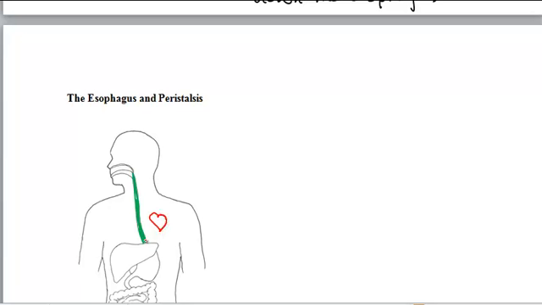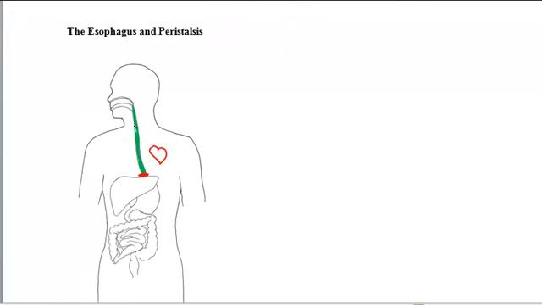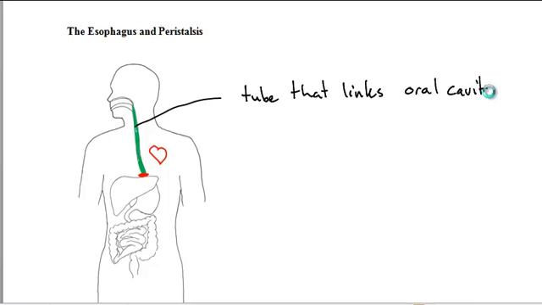There's a little piece here close to the heart that's going to be important. So the esophagus is probably one of the least complicated portions of our digestive system. It essentially is just a tube that links the oral cavity to the stomach.